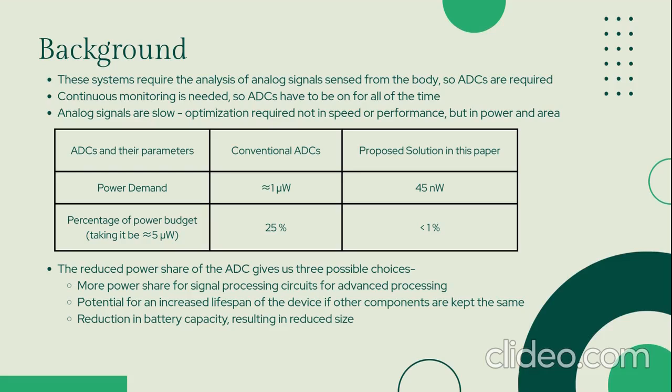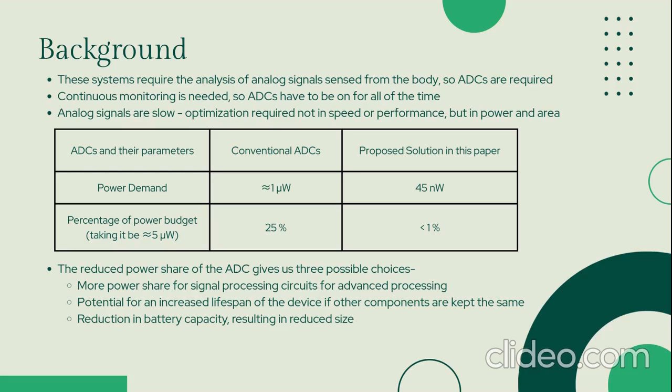For most critical implants, continuous monitoring of these signals is required, and this means that the ADC needs to be on for almost all the time. Our body signals are generally very slow, hence they do not require very fast ADCs such as flash or pipelined ADCs. However, they need to be optimized in both power and area, as we already saw from previous slides.